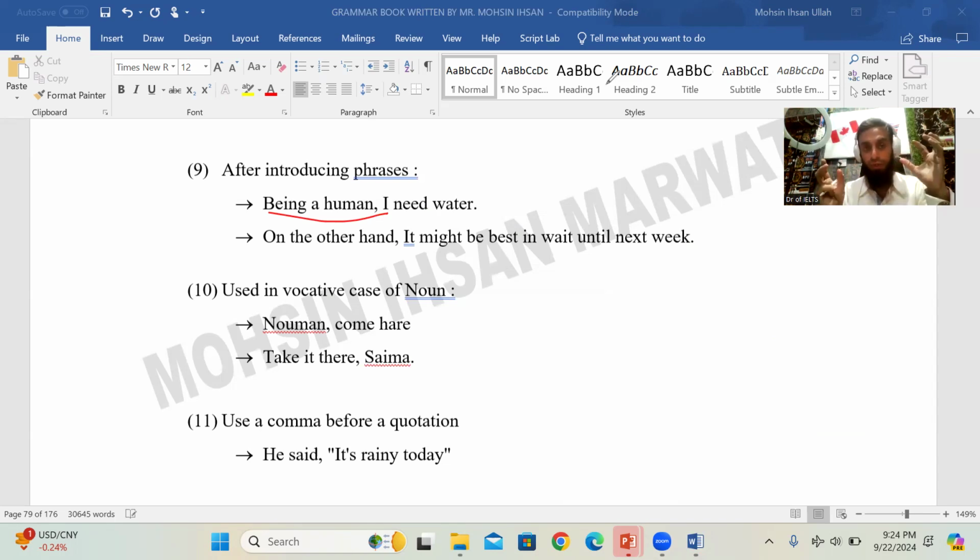The two, three, four word combination that tells us something about the next part of the sentence, right? That kind of phrase has no concern with the overall sentence, but it tells us only extra information. That is called an introducing phrase. And after that, we use a comma.